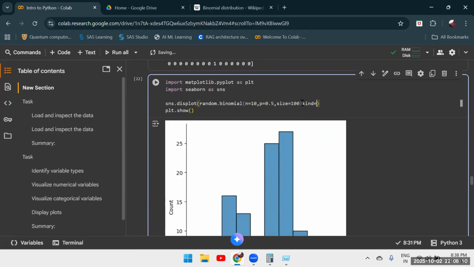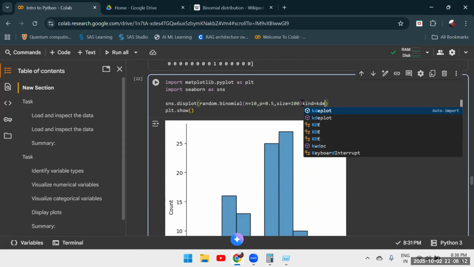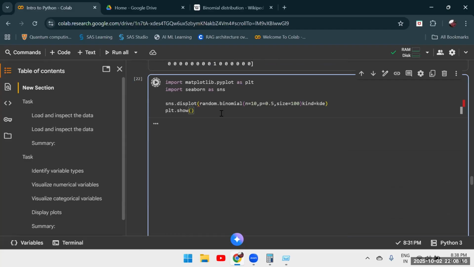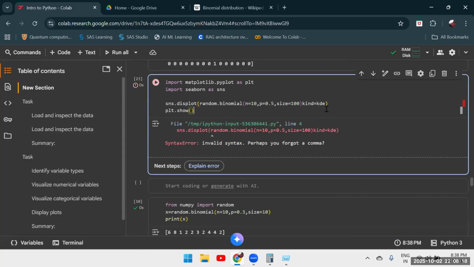So how do you make it a normal distribution? You just add kind equal to KDE to this. Then it mostly becomes a normal distribution. But I think here kind will not work. I think KDE should work. Let me show it to you in the next step.